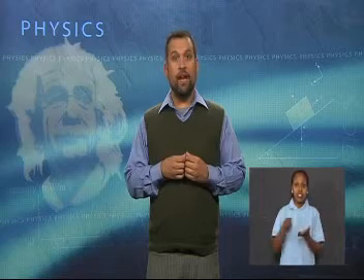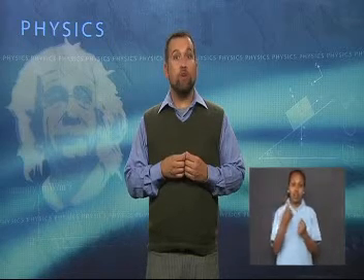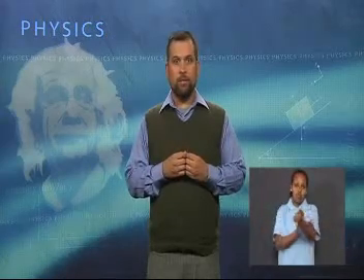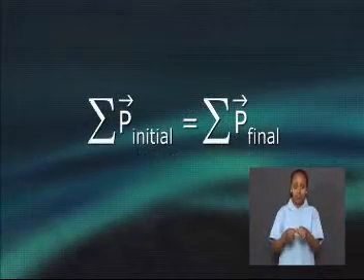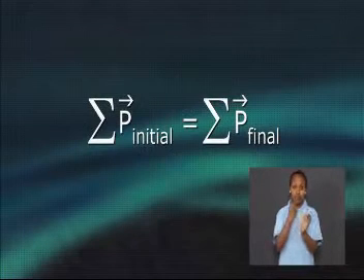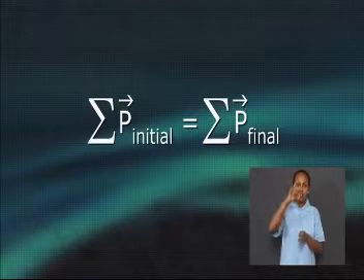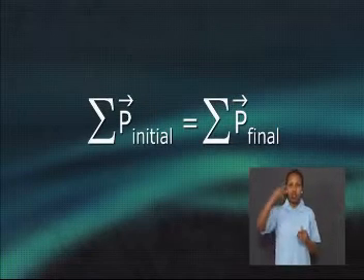This is only as long as there are no external forces acting on the system. In symbolic terms, this is expressed as sigma p sub initial is equal to sigma p sub final.